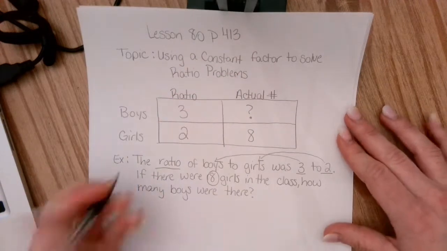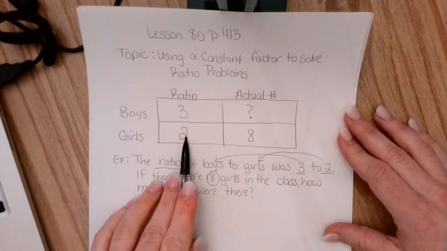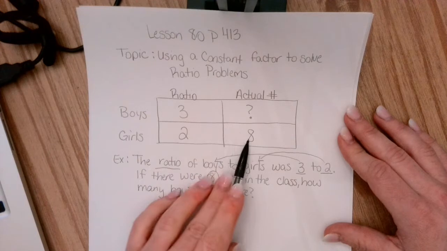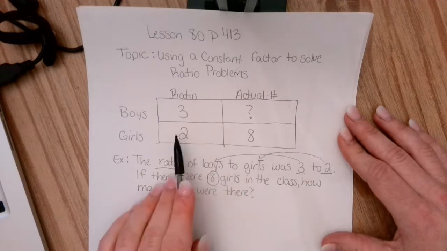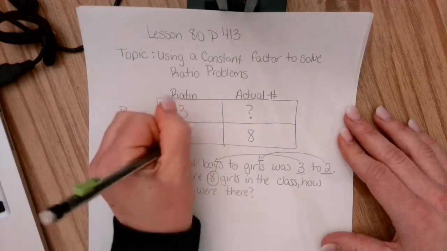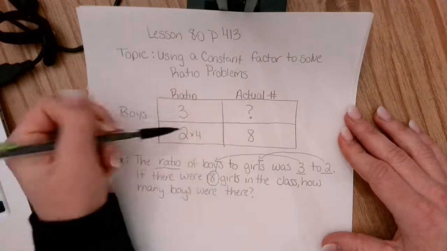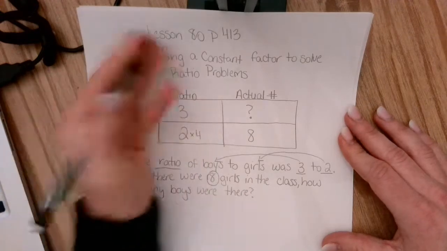So this is where I need to come up with what times 2 gives me 8. Just like you do when you're trying to get the same denominators in fractions. So what times 2 gives me 8? The answer is 4. So then I would multiply that 3 by the 4 as well.